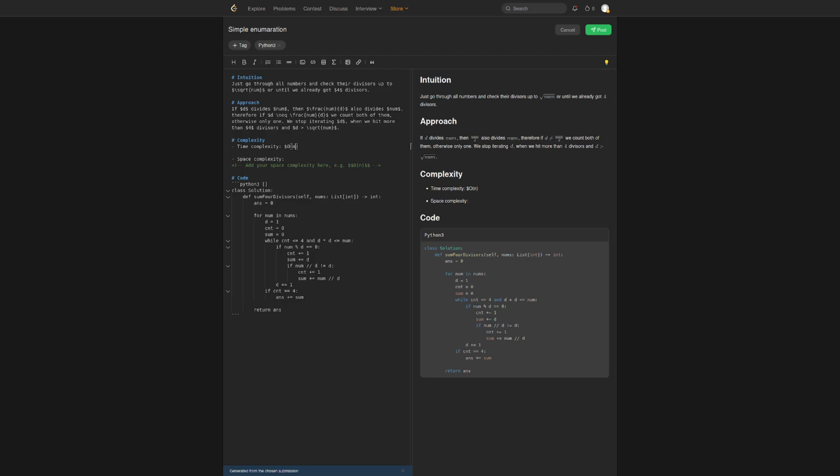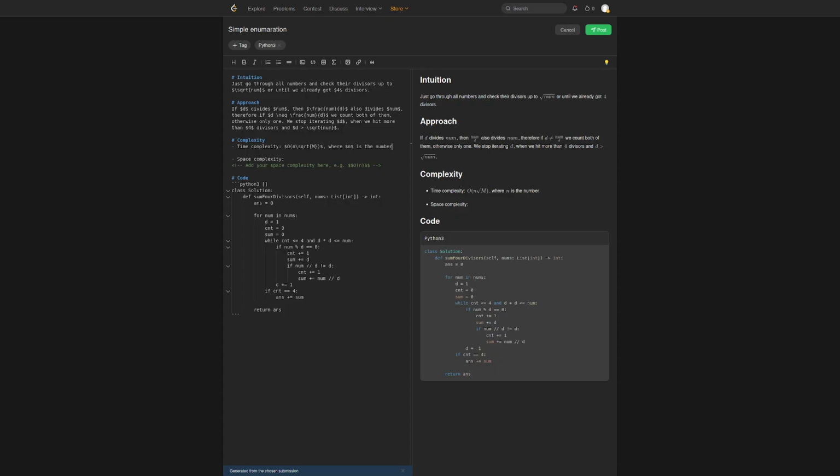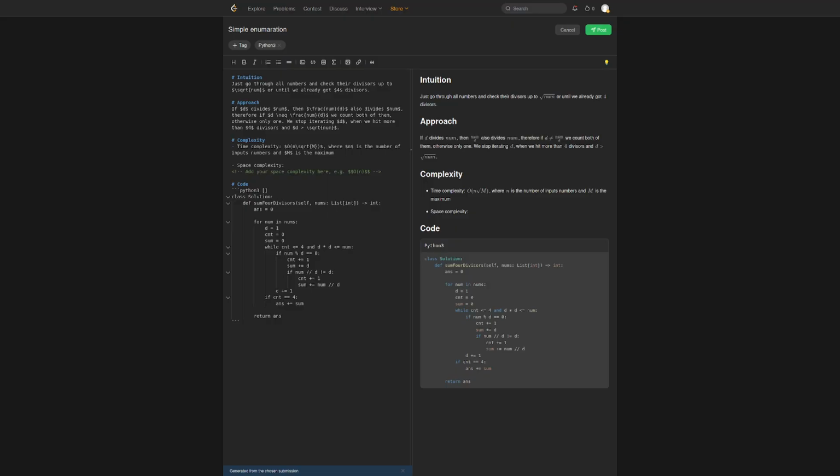The time complexity is O of n times square root of m, where n is the number of elements and m is their maximum.